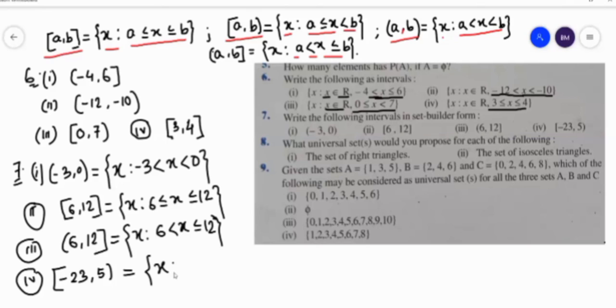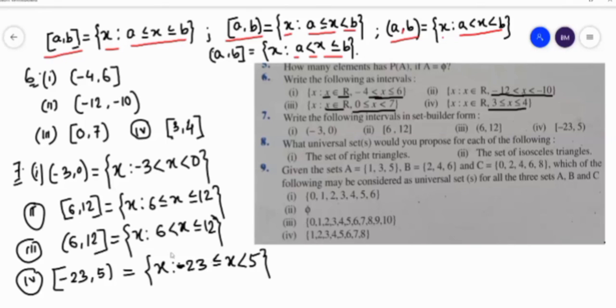The set of all such real numbers x such that minus 23 less than or equal to x less than 5. Now in each case, x is a real number.